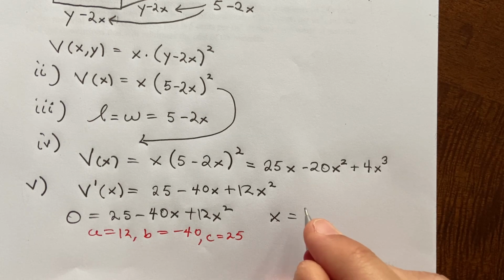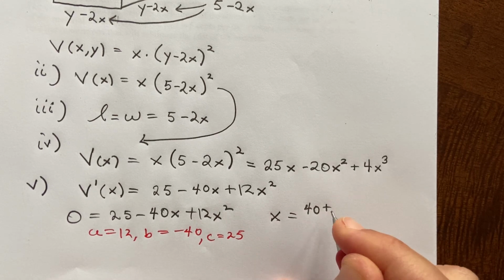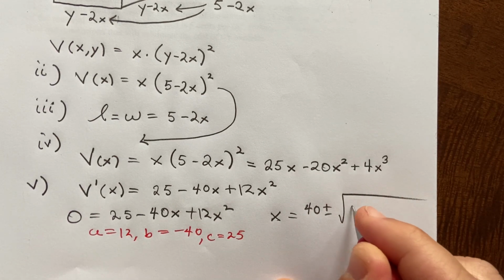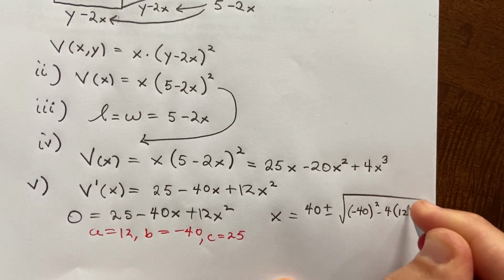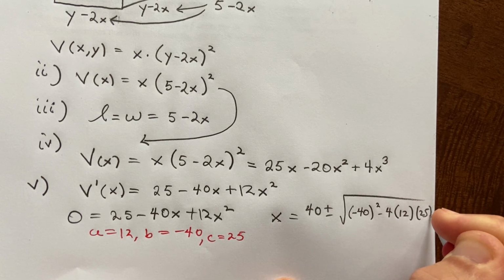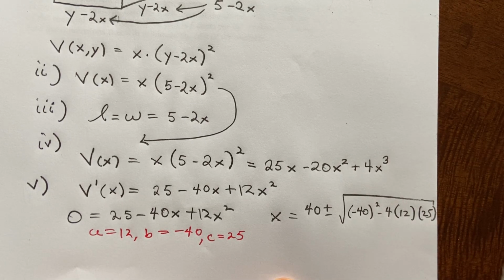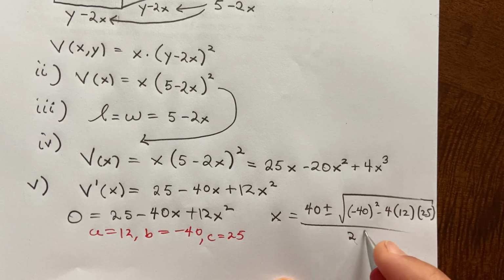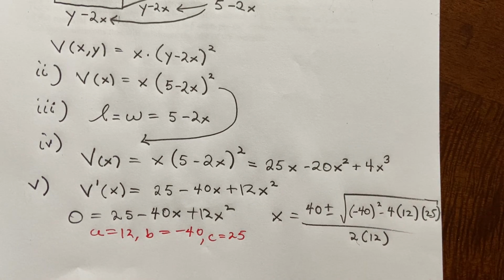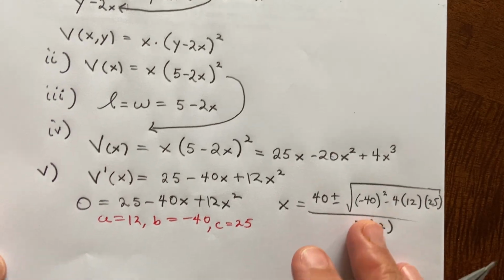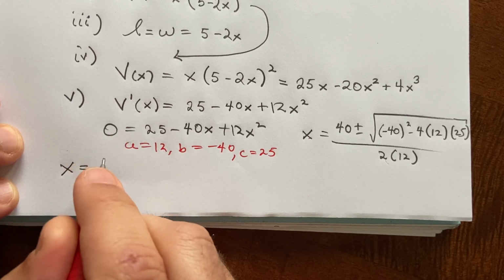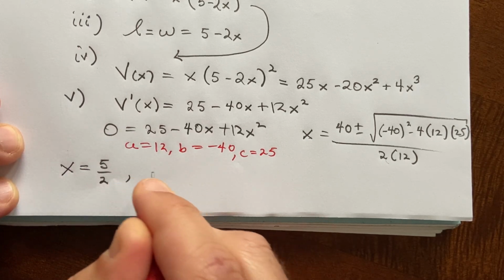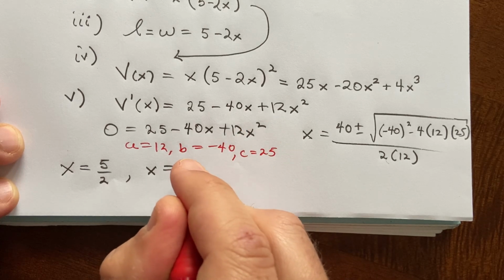So I have the opposite of B, so 40 plus and minus the square root of negative 40 squared minus 4 times 12 times 25, all over 2 times 12. So after calculating that, you'll see that you have two x's. One of them is 5/2. The other one is 5/6.